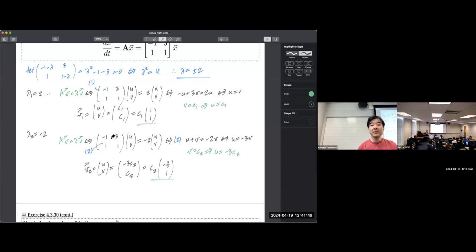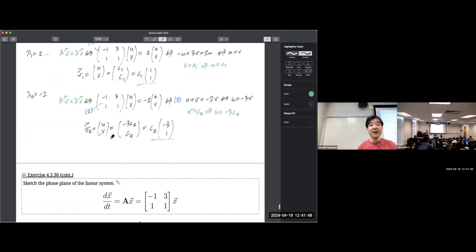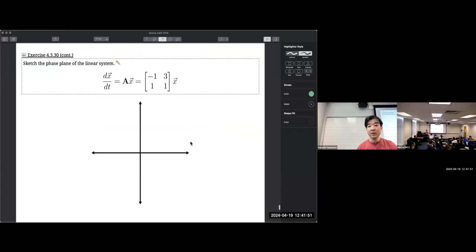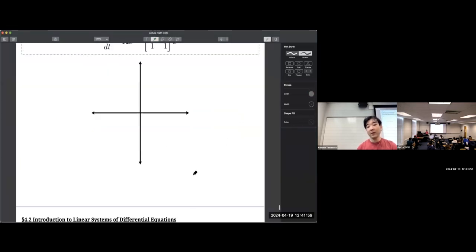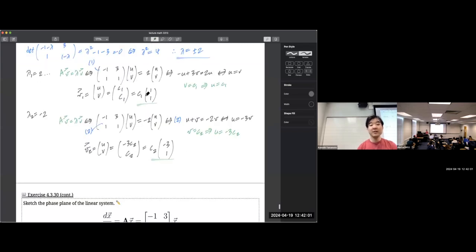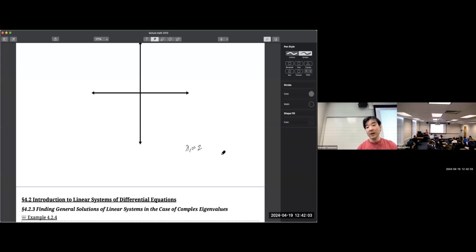So we're going to do the same thing we did before. We're going to look at the eigenvalues and eigenvectors and plot those. We had lambda 1 equal to 2, and we got that v1 is equal to c1 times 1, 1. When lambda 2 is equal to negative 2, your eigenvector was c2 times negative 3, 1.